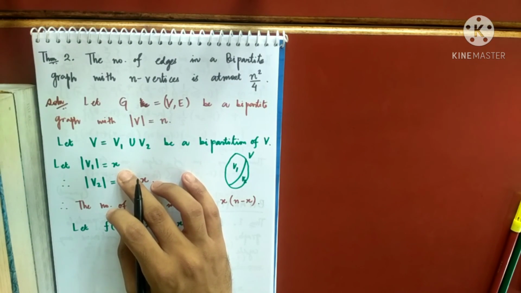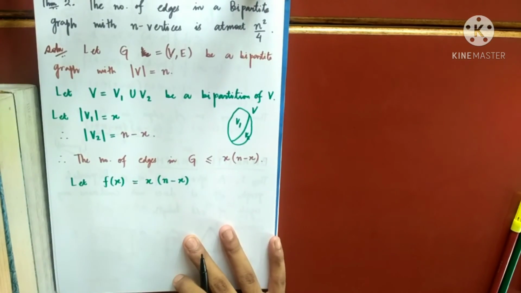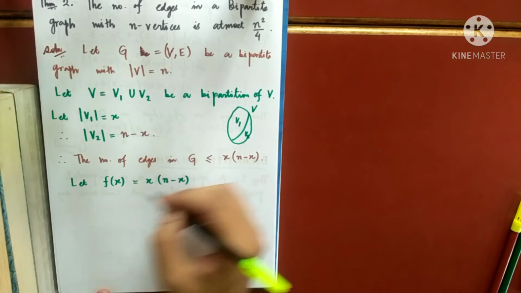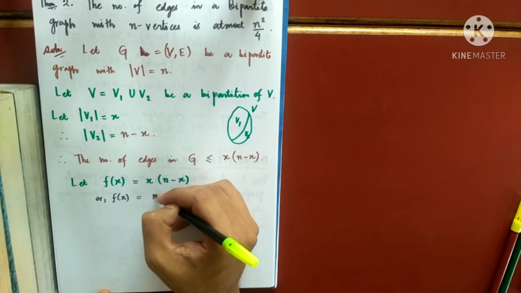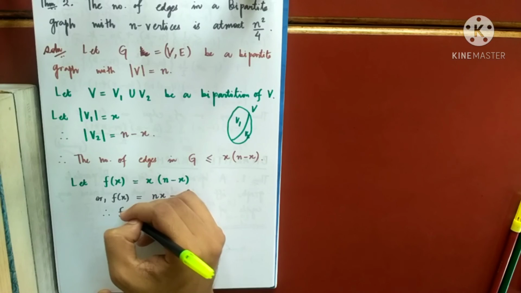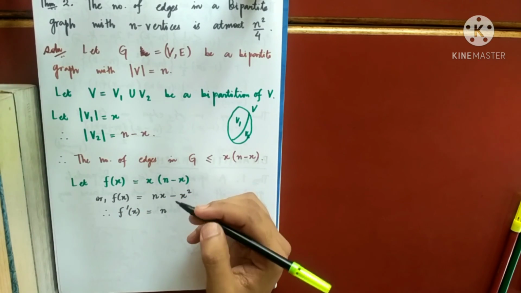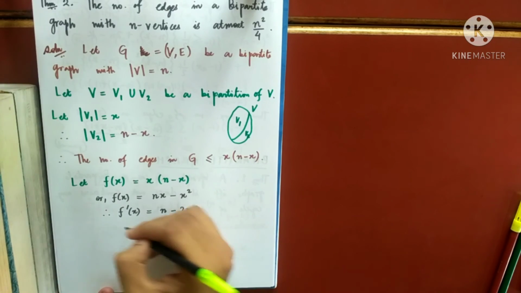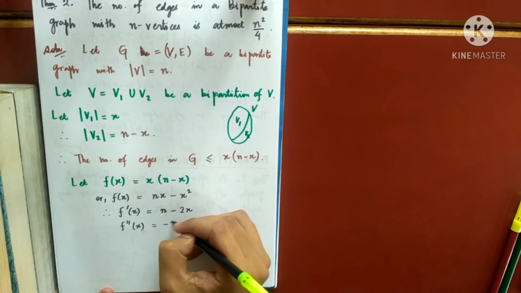We can use maxima and minima. f(x) is nothing but nx minus x squared. So you find the derivative. The derivative with respect to x is n minus 2x. The second derivative is minus 2.